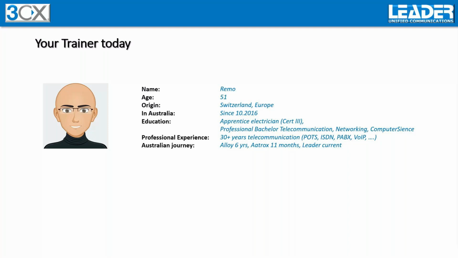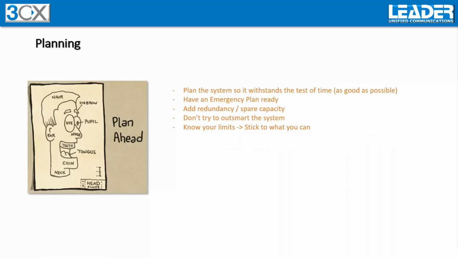We see these things exactly in the moment now when we are moving from version 18 to version 20, and we are covered with certain questions which in some ways are sometimes not necessary, simply if everything is properly set up and planned from the beginning. Therefore, we go to the next slide, which is meant: plan ahead. Plan the system so that it withstands the test of time as well as possible.